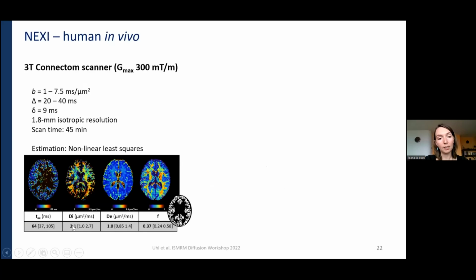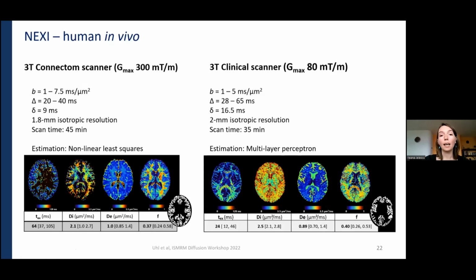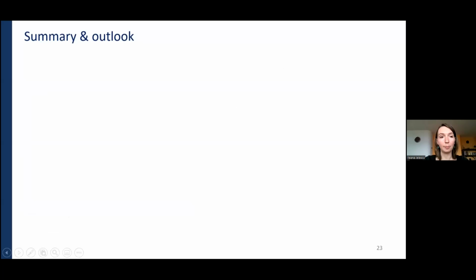We get statistics across the cortical ribbon that are consistent with what we had estimated also in the rat brain. And now we've also tried this on our clinical scanner at the Lausanne University Hospital, of course compromising a little bit on the minimum diffusion time and maximum B value one can achieve, but nevertheless also sensible maps for these parameters and statistics over the cortical ribbon that are also in line with the other estimates.